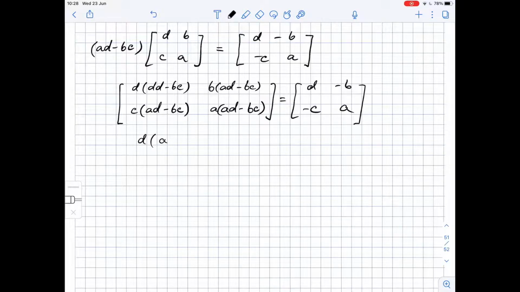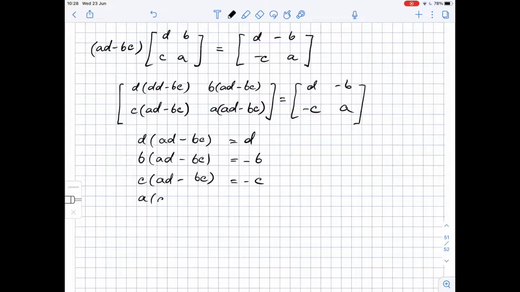So that means that D times (AD minus BC) equals D. It also means that B times (AD minus BC) equals negative B. It also means that C times (AD minus BC) equals negative C, and A times (AD minus BC) equals A. Well, in that case, we understand that either A equals 0 or D equals 0 or both. So A equals 0 or D equals 0 or both.